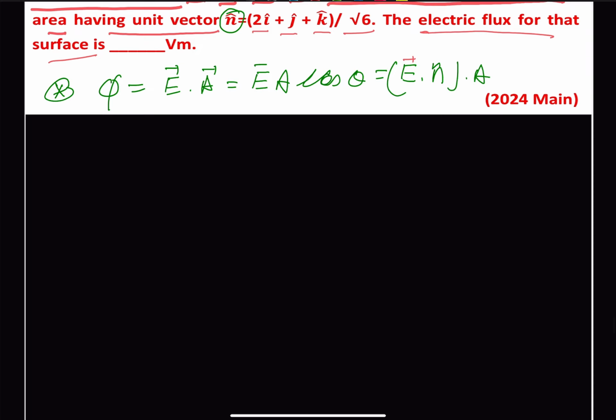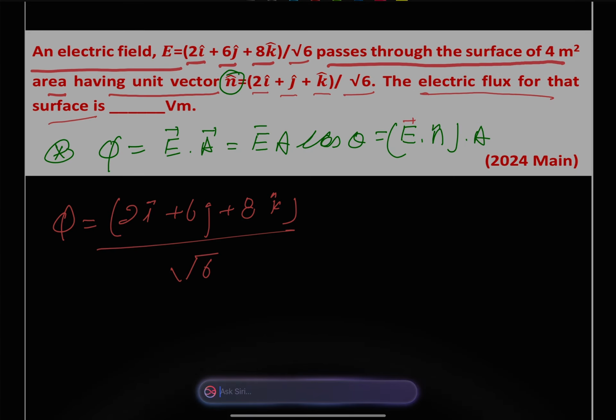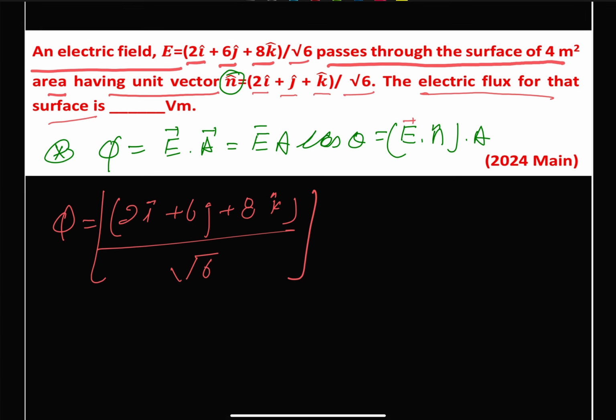So we get our flux phi is equal to (2i + 6j + 8k) divided by square root of 6, dot n unit vector, which is (2i + j + k) divided by root 6, and multiplied by area, which is given to us as 4, so multiply by 4.